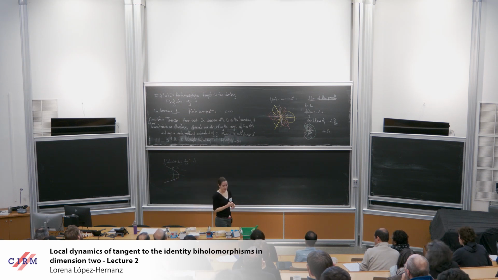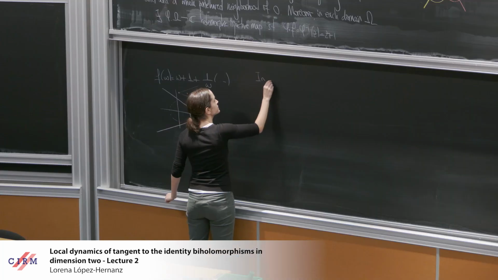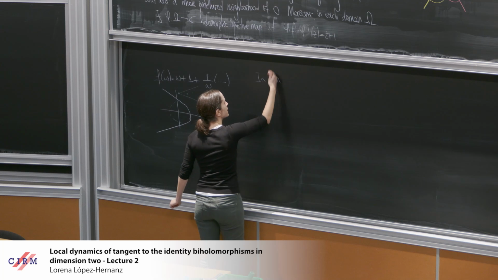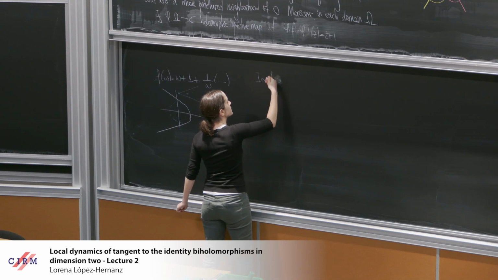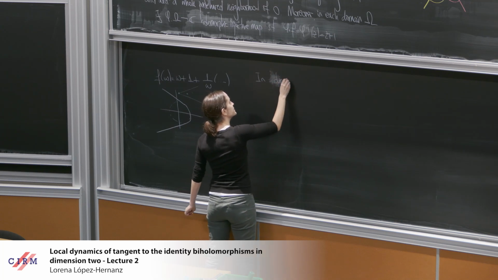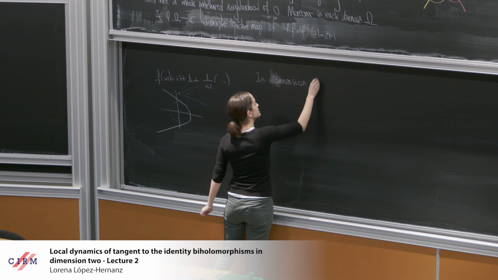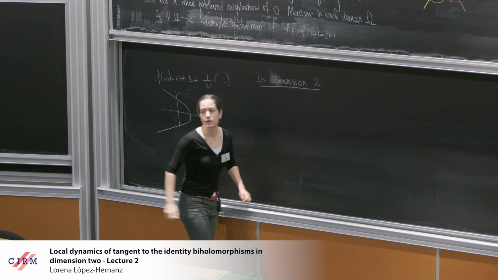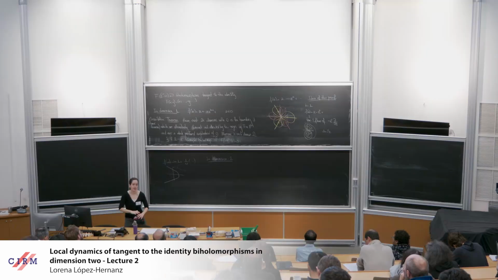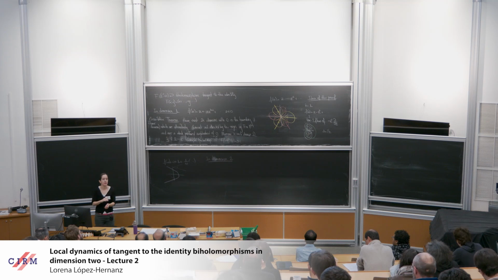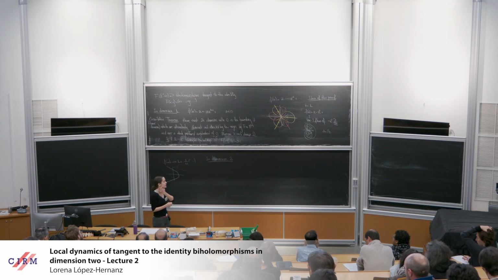Okay, so this is the description of the dynamics in dimension 1. We have the behavior in a whole neighborhood of the origin. So what happens now in dimension 2, or higher dimension? In this case, we are very far from having a complete description of the dynamics in a whole neighborhood of the origin.